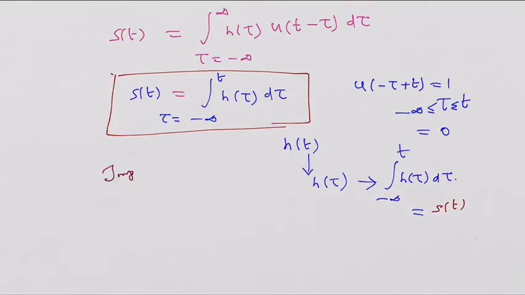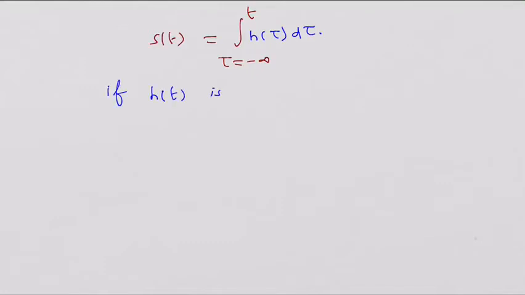Impulse response to step response calculation of a CT LTI system. I'll tell you, S of t is the integral over tau from minus infinity to t of h of tau into d tau.